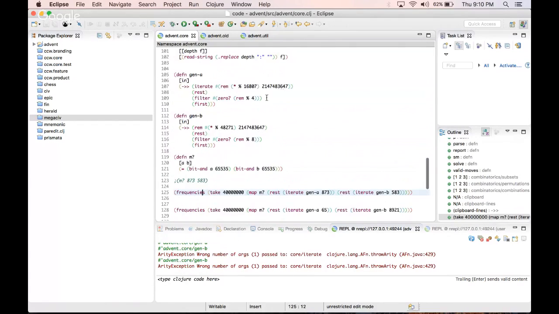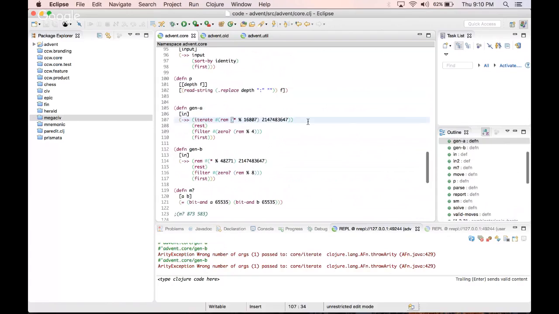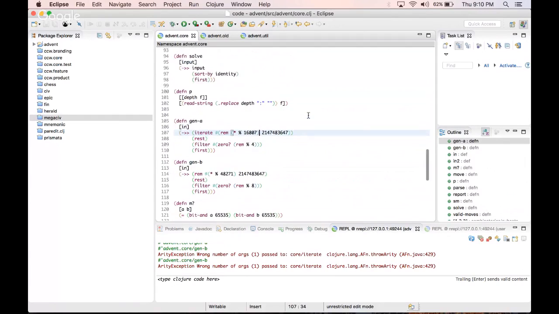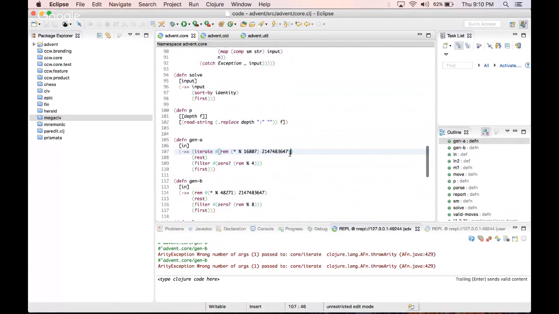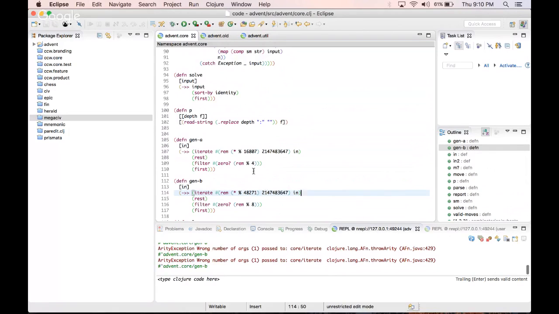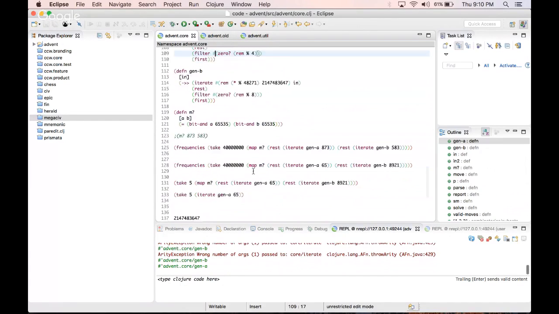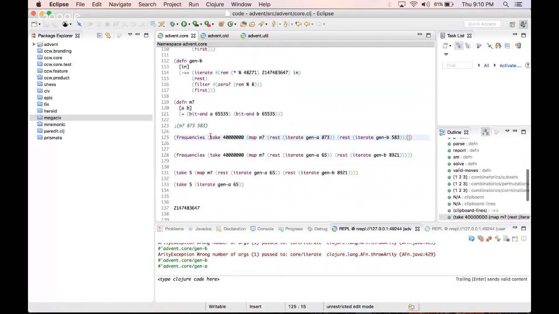Wrong number of args passed to, right. Yes, we actually have to give it a starting value here. Okay. Yep, that was wrong. And okay, this is looking much better. All right, kick it off.